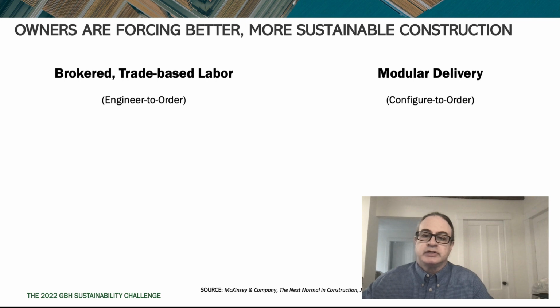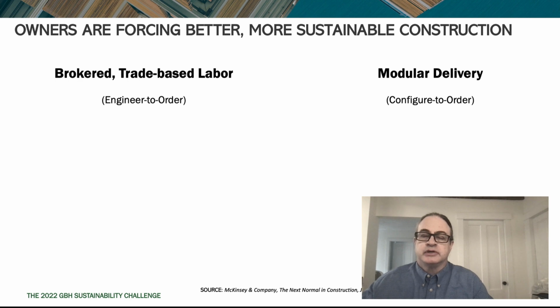The other approach is modular delivery, which is rethinking the construction process into chunks with standardized interfaces between them so that you can swap the chunks out with different suppliers in the supply chain. You can think about a bathroom pod as an example of modular construction.